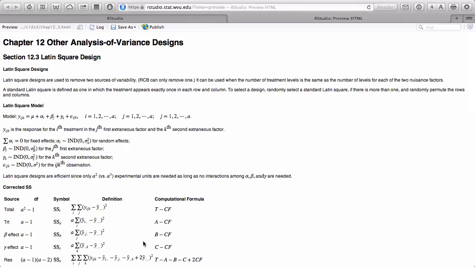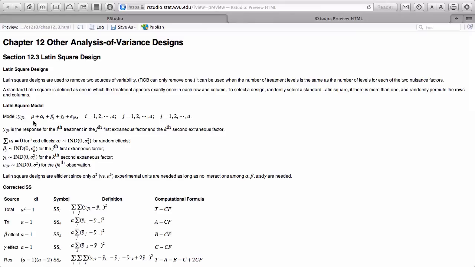We don't want all of variety 1 in the upper left corner and all of variety 4 in the lower left corner. If it's drier in the upper left corner and wetter in the lower left corner, that would be bias. So what you're trying to do is control the variation, spreading it out among the treatments so that we control for it and don't have bias. So that's the nature of it.